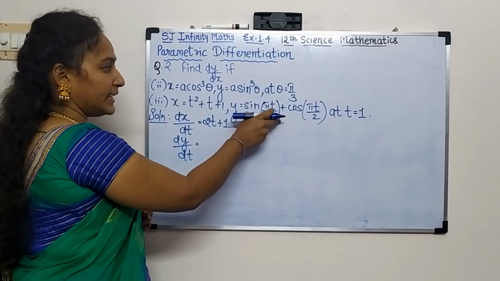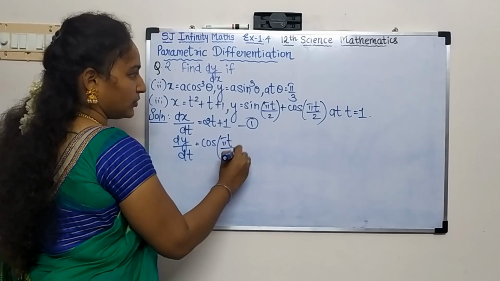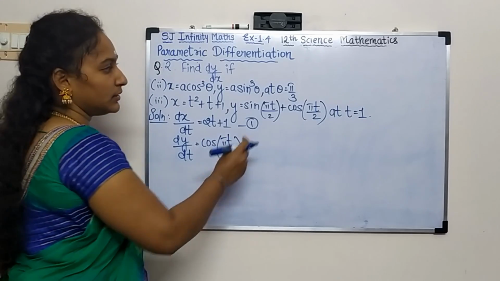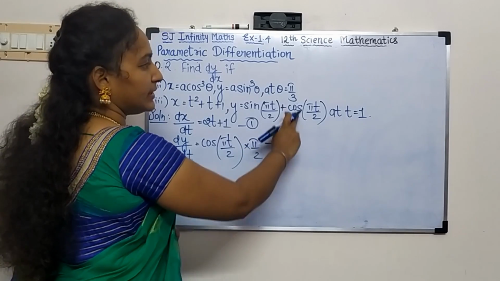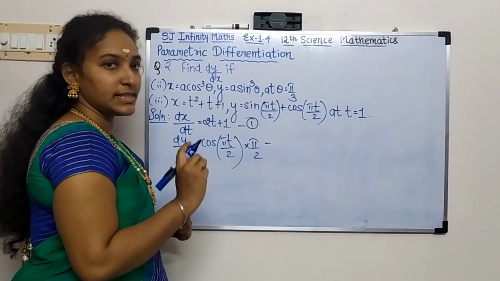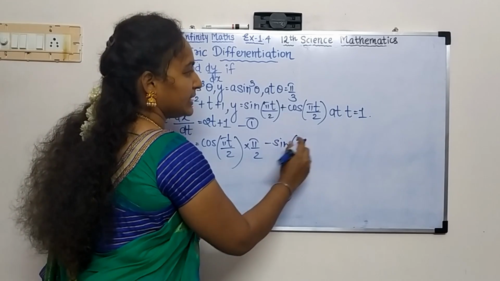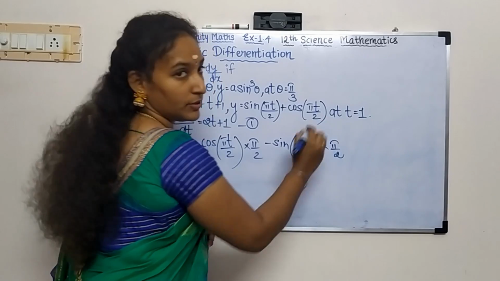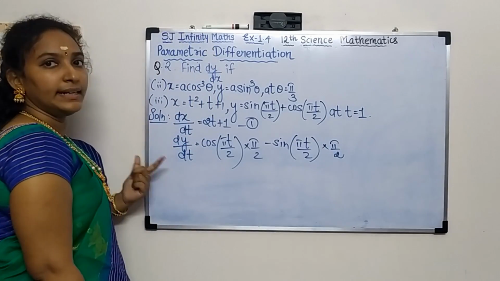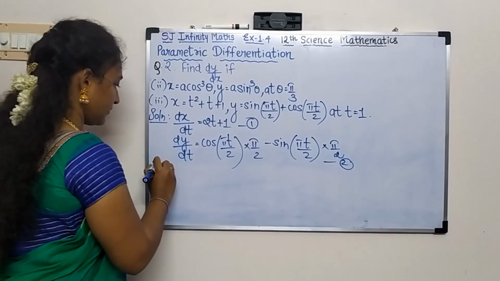Derivative of sin pi t by 2 is cos pi t by 2 multiplied with pi by 2 minus derivative of cos pi t by 2 is sin pi t by 2 multiplied with pi by 2. Now let us calculate dy by dx. This is your equation number 2.